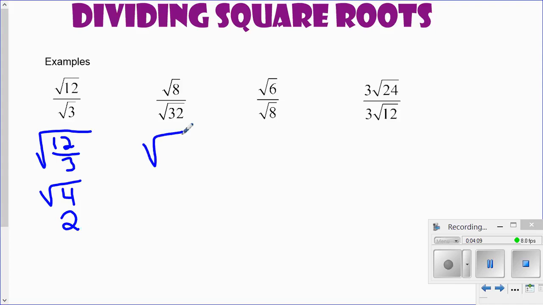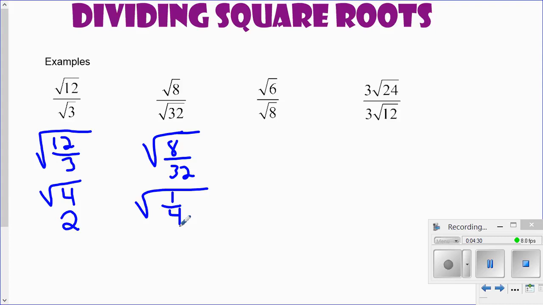So I have the square root of 8 over 32. Well, that needs to be simplified further, but what I'm going to do to simplify that is I'm going to simplify 8 over 32. Well, 8 over 32 simplifies to 1/4 because 8 times 4 is 32.